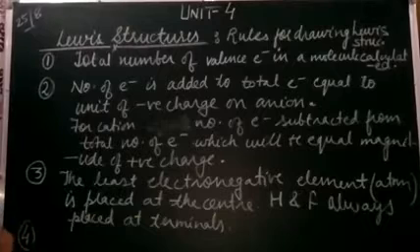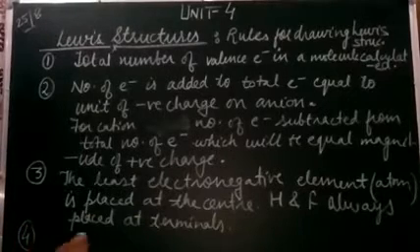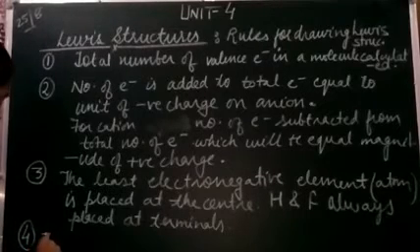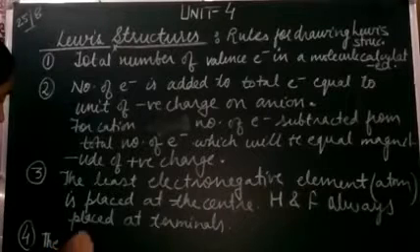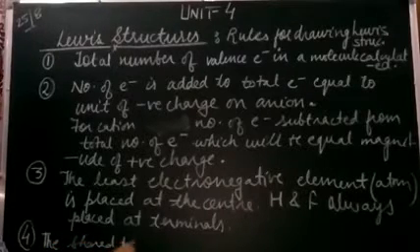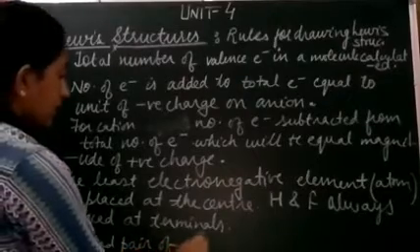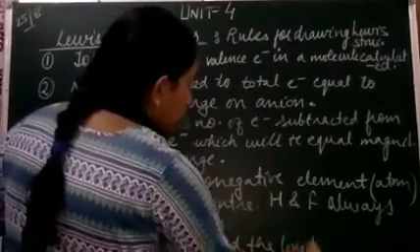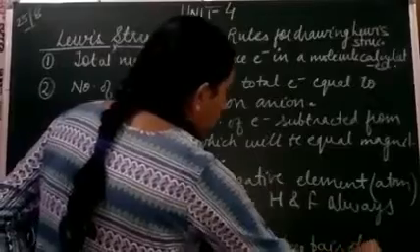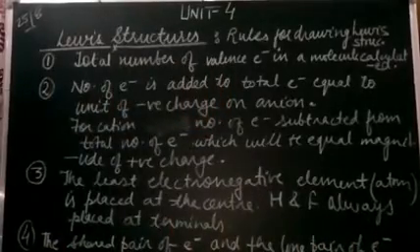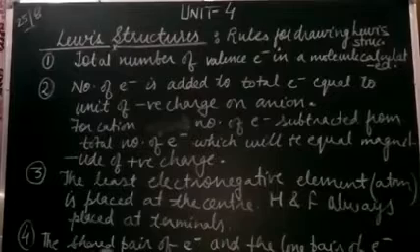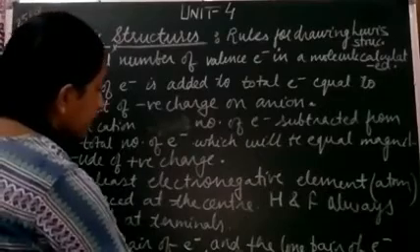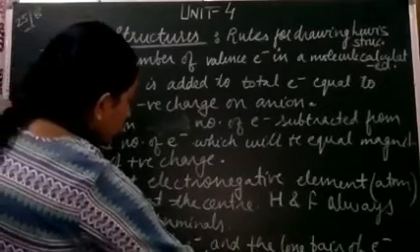And the fourth is that the shared pair of electrons and the lone pair of electrons is fulfilled through the octet rule, right?